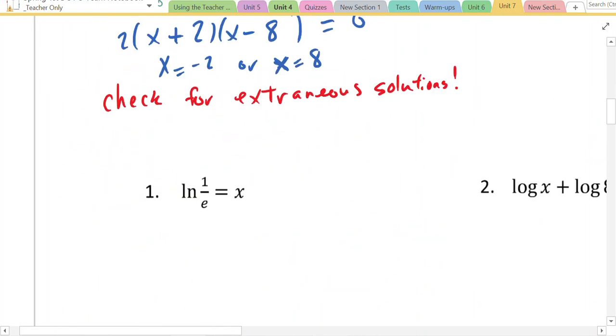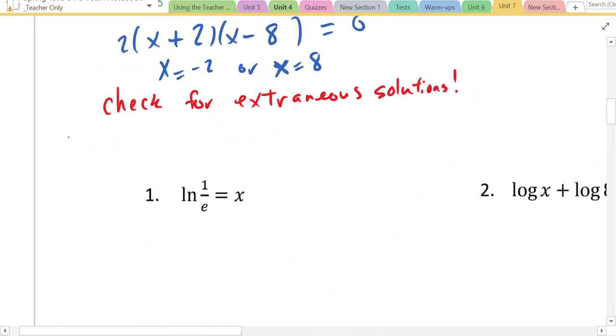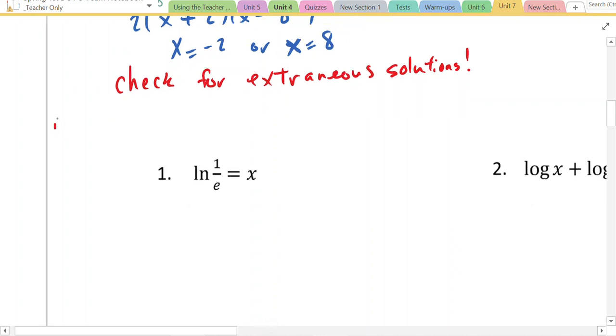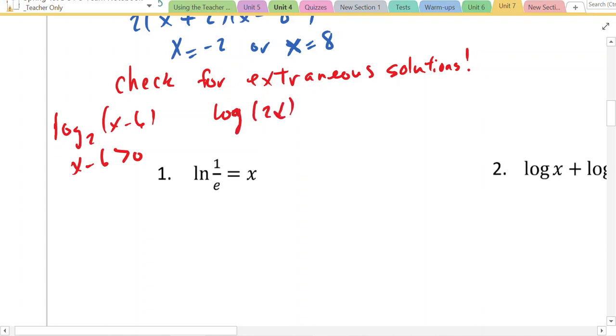So what we have to check is, because the logs have to be positive, we have log base 2 of x minus 6, where x minus 6 has to be greater than 0, and we have log base 2x, where 2x has to be greater than 0.